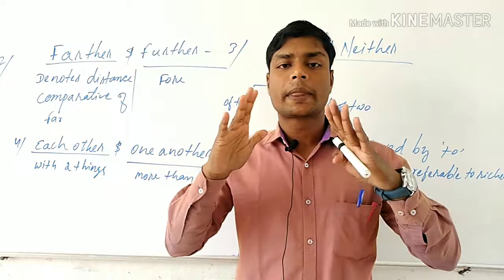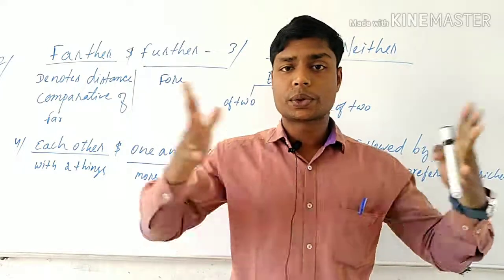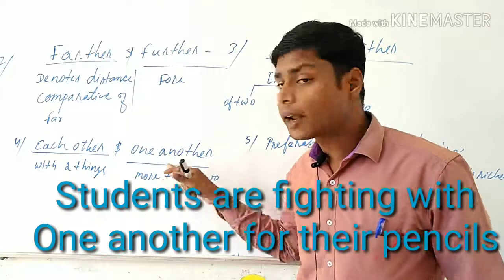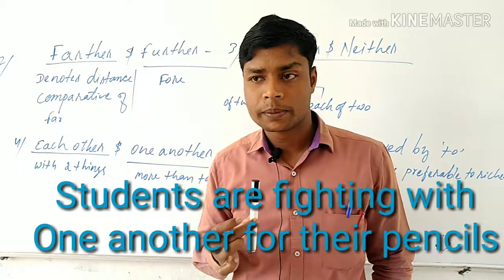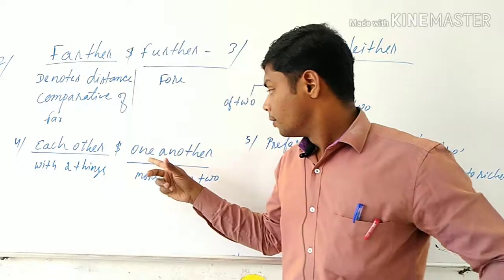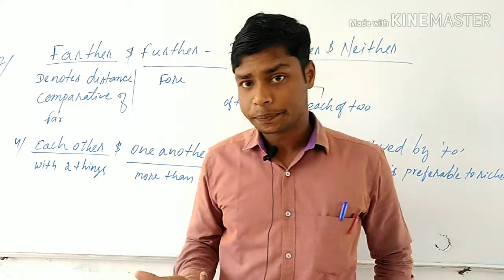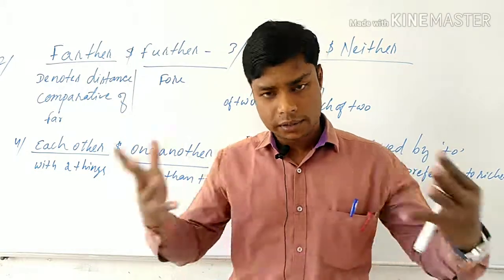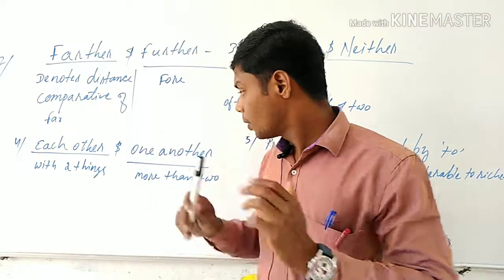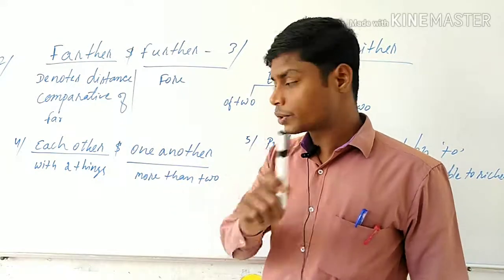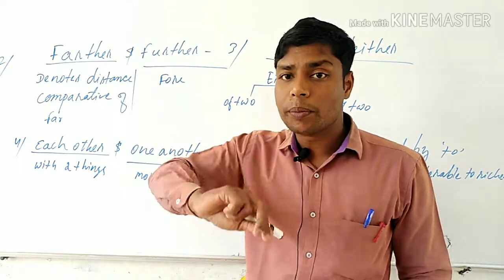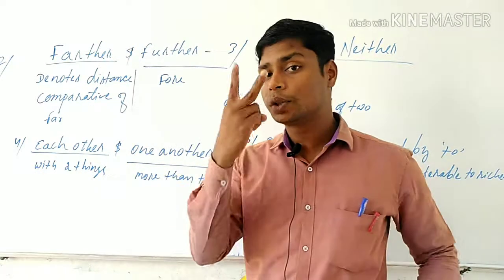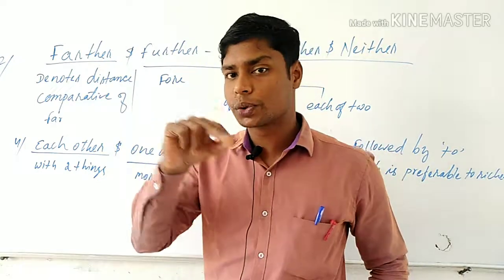When we are speaking about more than two persons in a class, we say that students are fighting with one another for their pencils, or for some purpose. So one another is used when we are speaking about more than two persons, and each other is used when we are speaking about only two persons or two things.